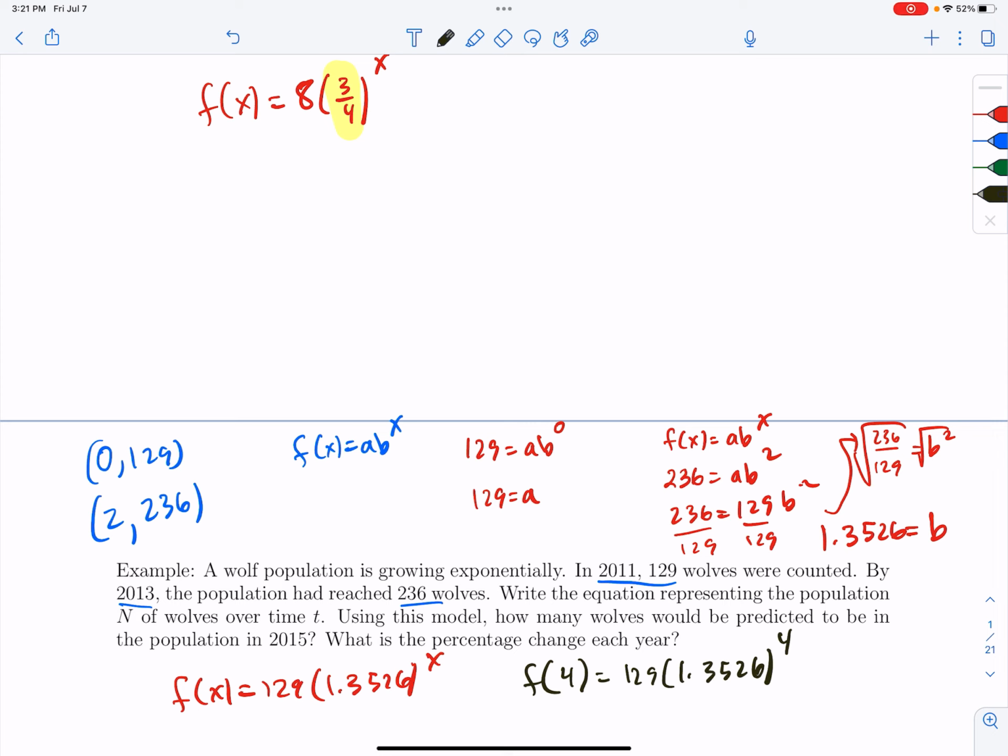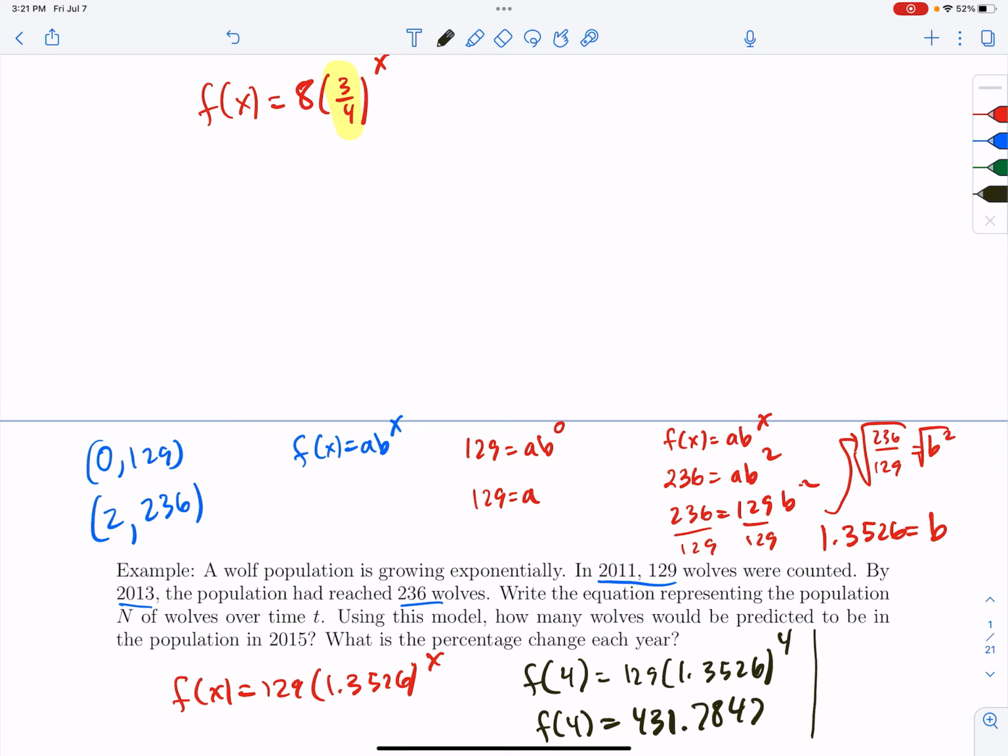All right, so I type that into the calculator: 129 times 1.3526 raised to the 4th power, and I got f of 4 equal to 431.7847 if I round to 4 decimal places. So about 432 wolves.